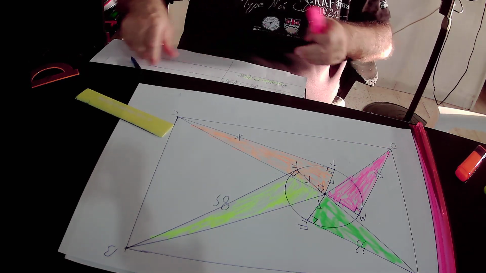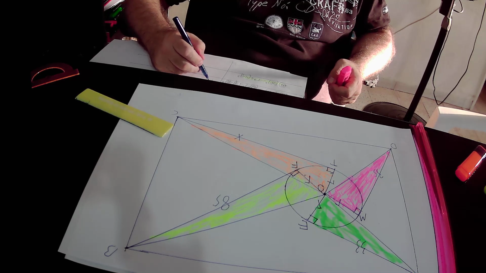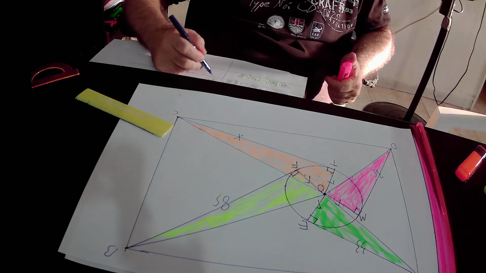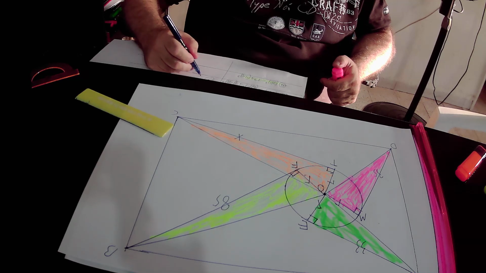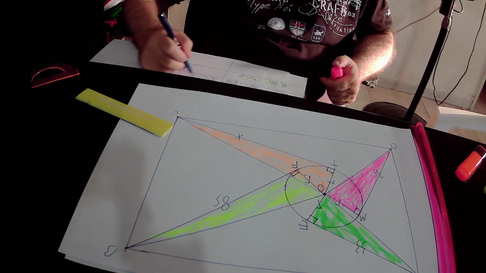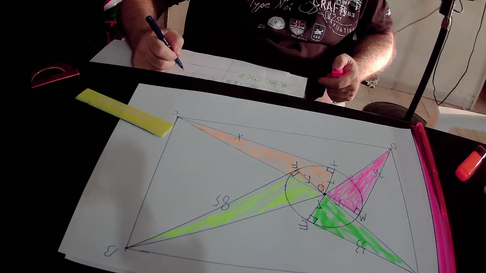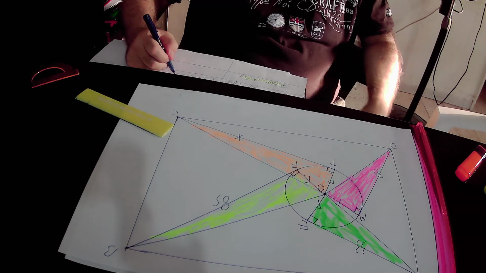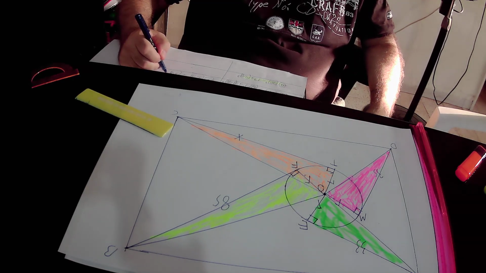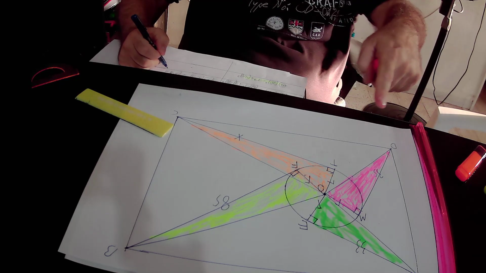On the right pink triangle, triangle MOD, according to the Pythagoras theorem, the whole square equals MO square plus DM square.